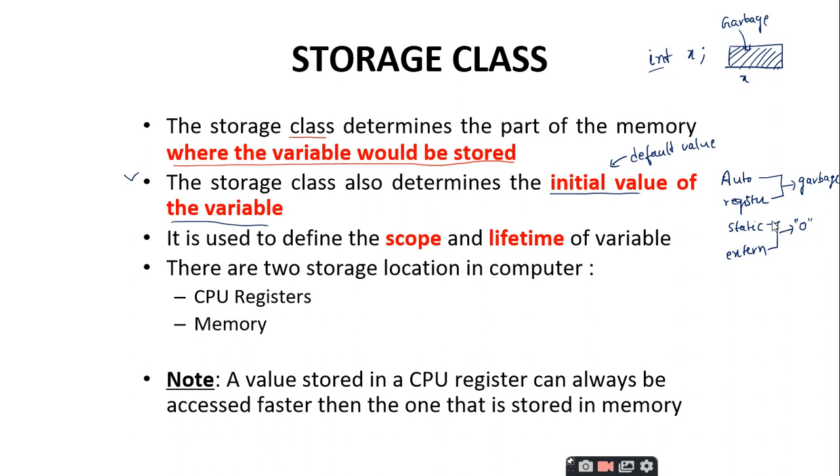So we have only two default values: a garbage value or 0. Auto and register store garbage values initially, whereas static and external store 0.